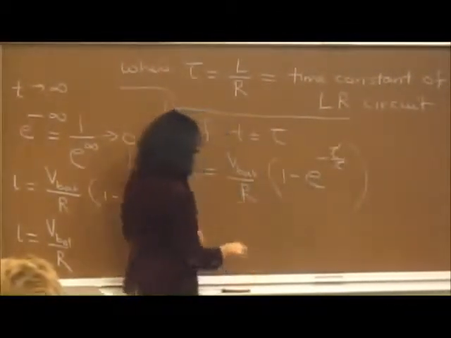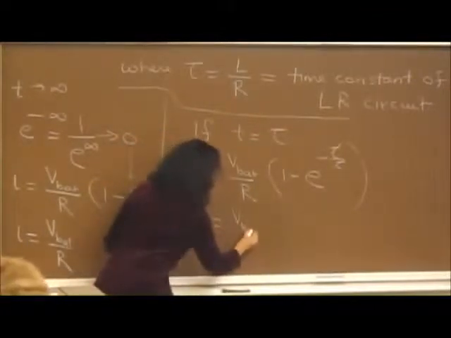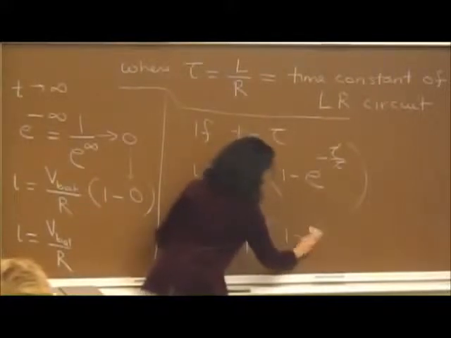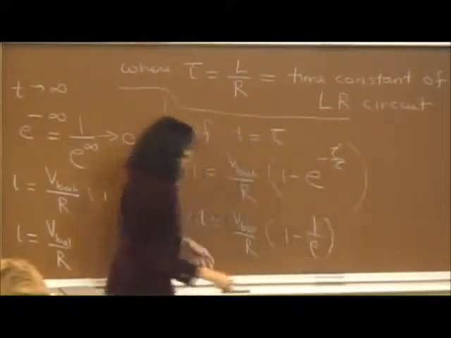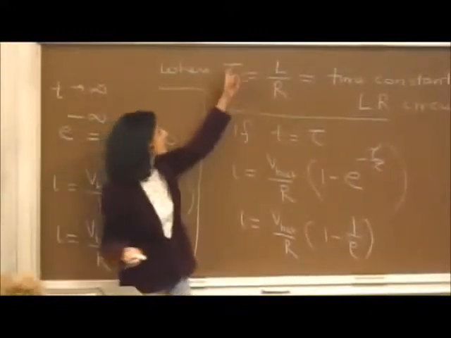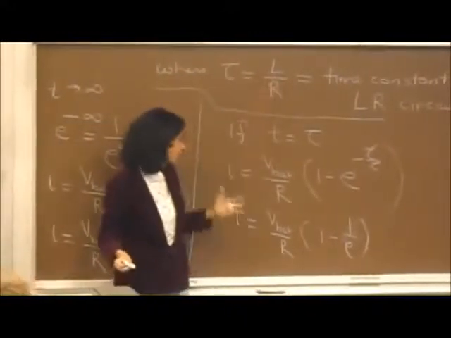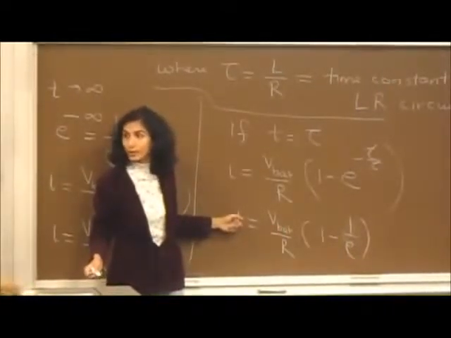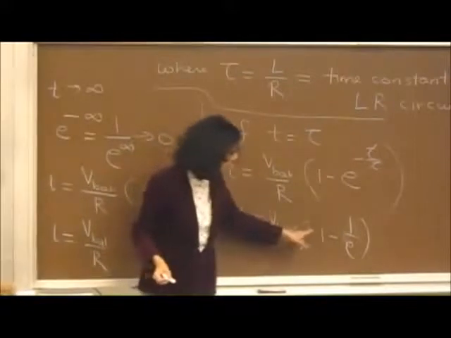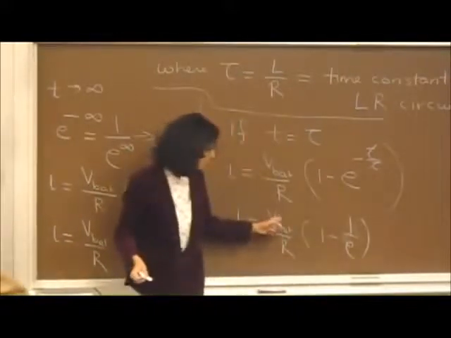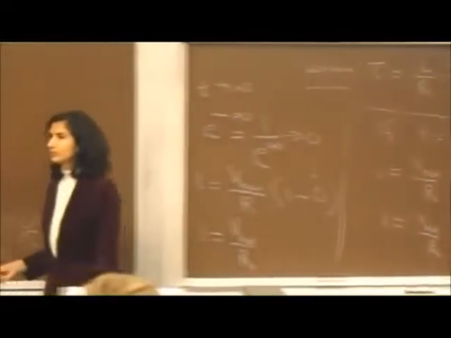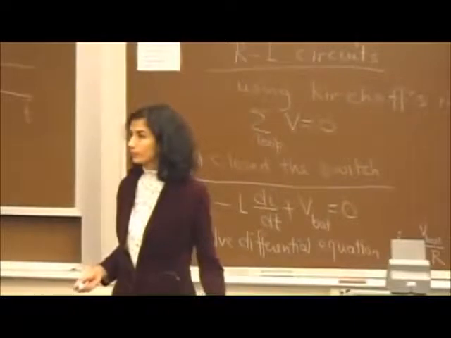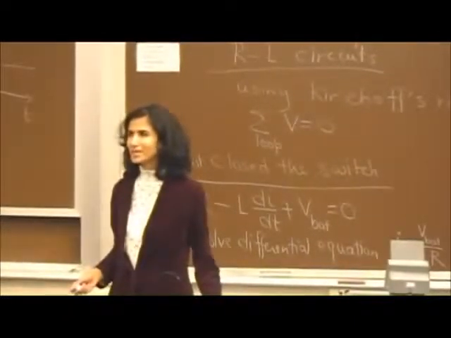Tau and tau get cancelled, which means the current will become V battery over R times (1 minus e to the power minus 1), which is nothing but 1 over e. So we have defined this thing called the time constant, which is L over R, which says how quickly the current will go to 1 minus 1 over e of its maximum value. It just says to you how quickly the current will go to the maximum value. Is that making sense?